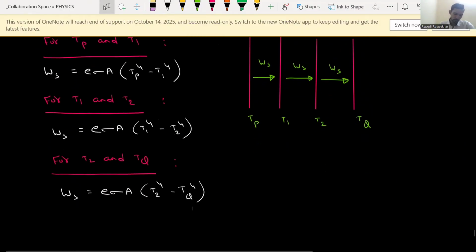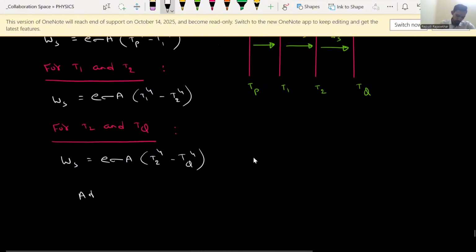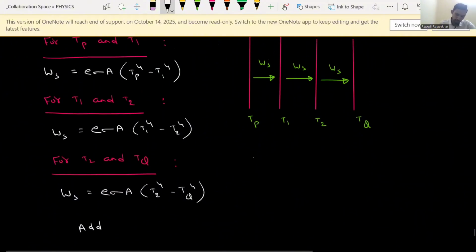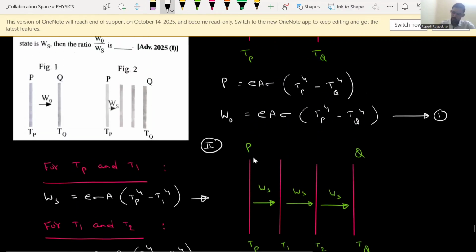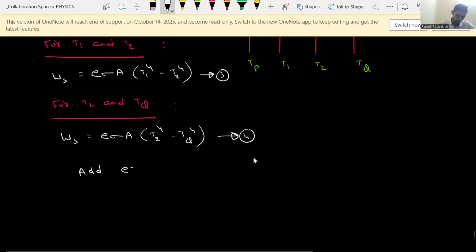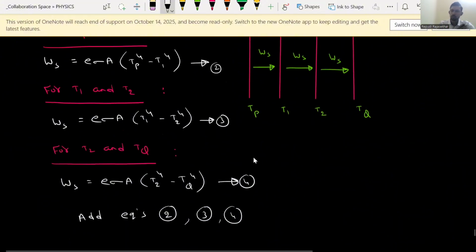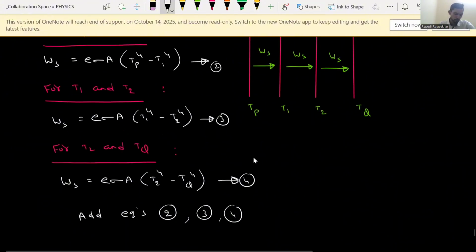Now add all the above equations. Let us take this as equation number 2, because we have taken the earlier one as equation 1. So this is equation 2, equation 3, equation 4. Add equations 2, 3 and 4. The left side is the same because the same amount of heat flows per second.